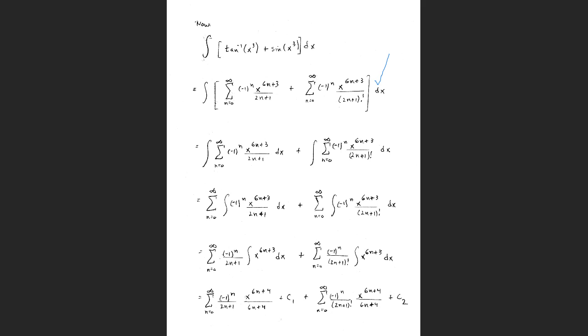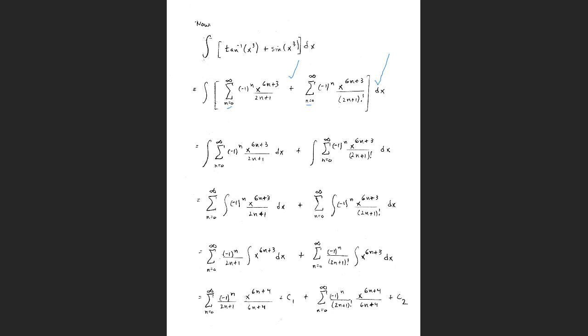So I think you could have easily imagined that the sum of two power series is a power series, and they both start at the same counter, n equals 0. So the sum of the two power series would be another power series, but the integral then of a power series should also be a power series, right?